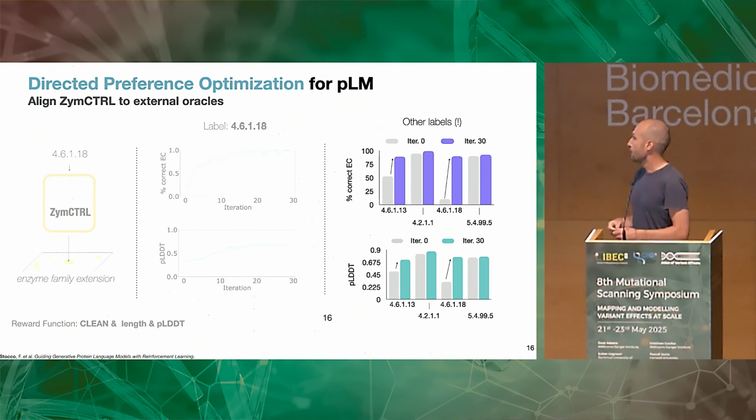This gives a good opportunity in case you don't have many data points for a specific enzyme class: maybe we can reinforce the neighborhoods and then get the benefit of reinforcement learning from the neighboring enzyme classes.